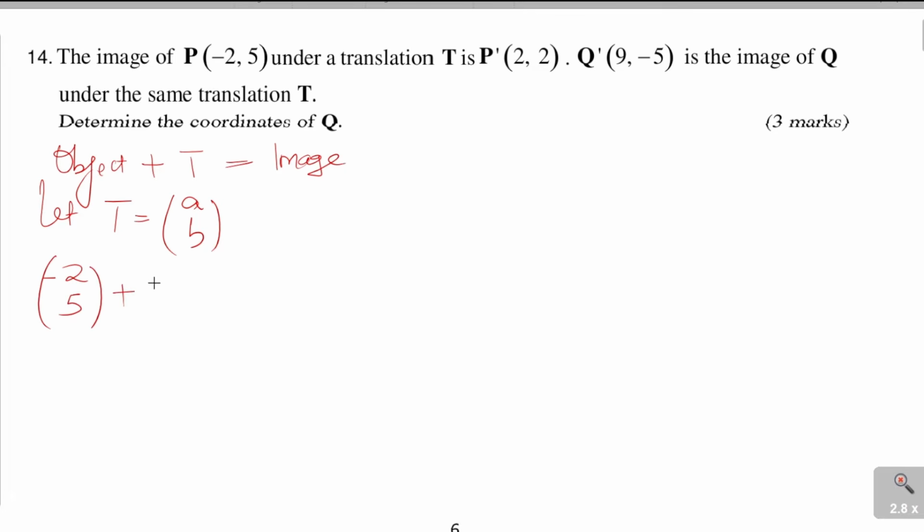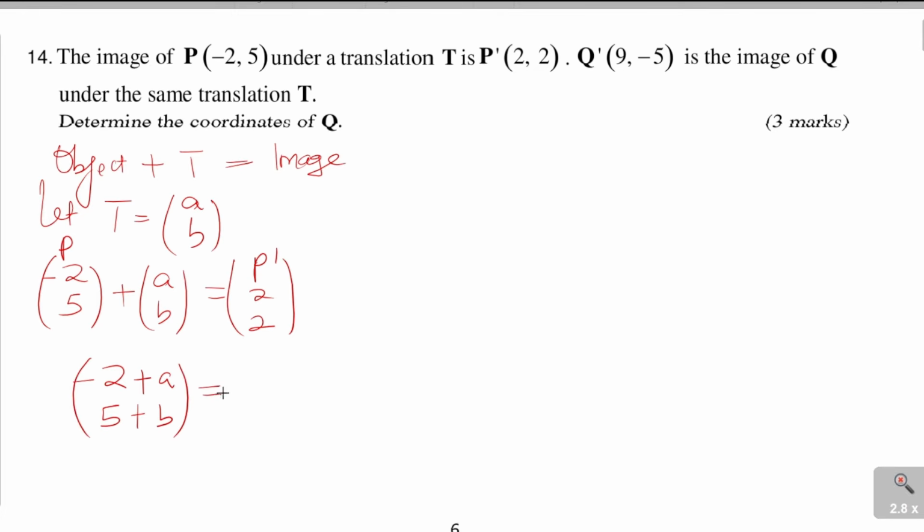Then we add the translation vector T, (A, B), and that should give the image of P, which is (2, 2). Adding on the left-hand side, we get (-2 + A, 5 + B) equal to (2, 2).